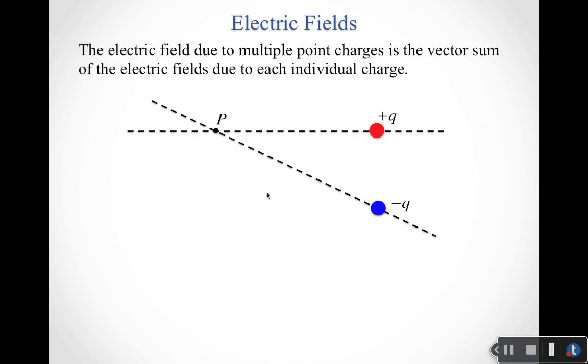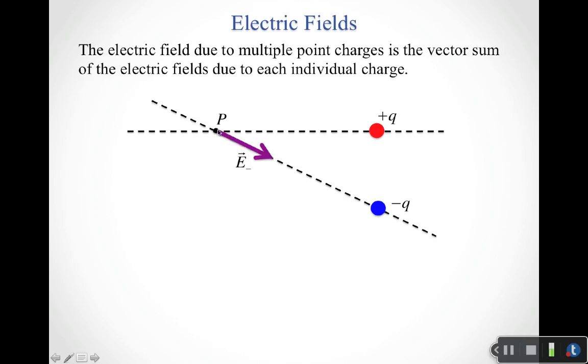And so if we've got multiple charges, the way we deal with multiple forces is that we've got to add them together. So I need the vector sum. Let's see. If I put a positive charge here at point P, it would be attracted to this negative Q, which means there's got to be an electric field contribution from my negative Q charge down here that points along this line and towards that negative charge.